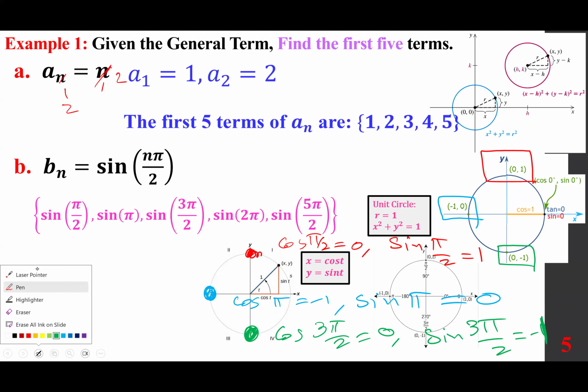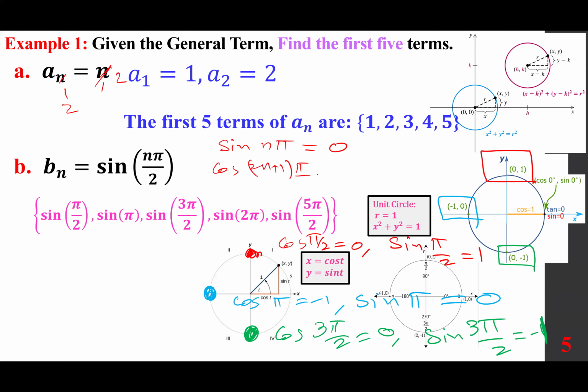So we can answer those questions, but before I do that, I want to add two more things in general. Sine of n pi is 0, n is an integer. Cosine of (2n plus 1) times pi over 2 is also 0. What is 2n plus 1? That represents an odd number.